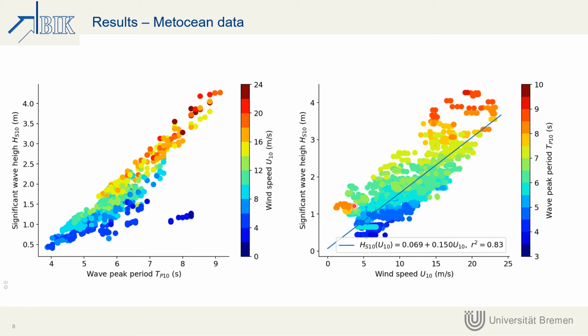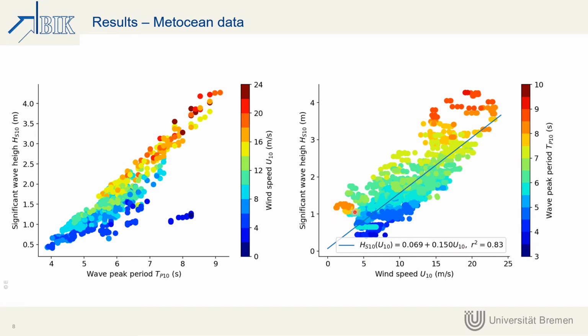On the right-hand side, the significant wave height as a function of the wind speed is shown. Additionally, the data points are colored by the wave peak period. The same group of outliers as in the left-hand figure can be observed.